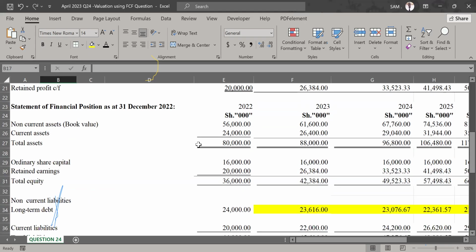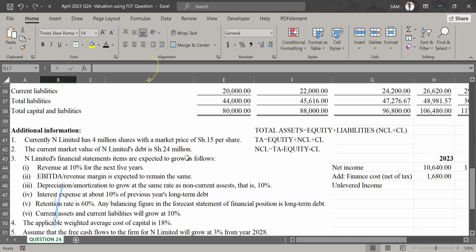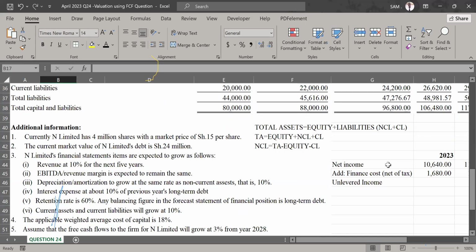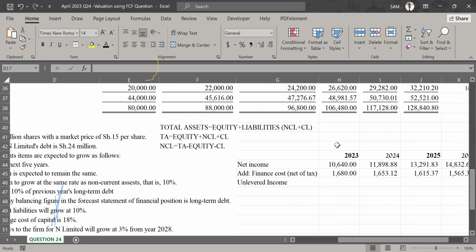Now, come here to the situation we are handling now. We are using an approach called free cash flows. The approach we are using is the free cash flows method to do valuation. Yes. I think the member's question was, why do we add back the financial cost net of tax? That was her question, if I got it right.